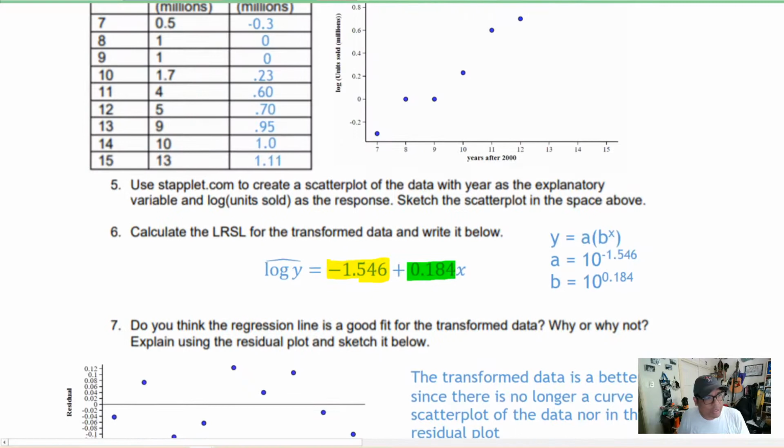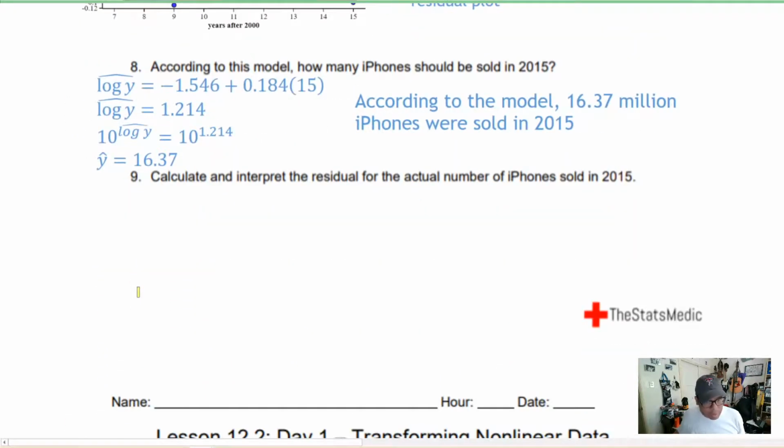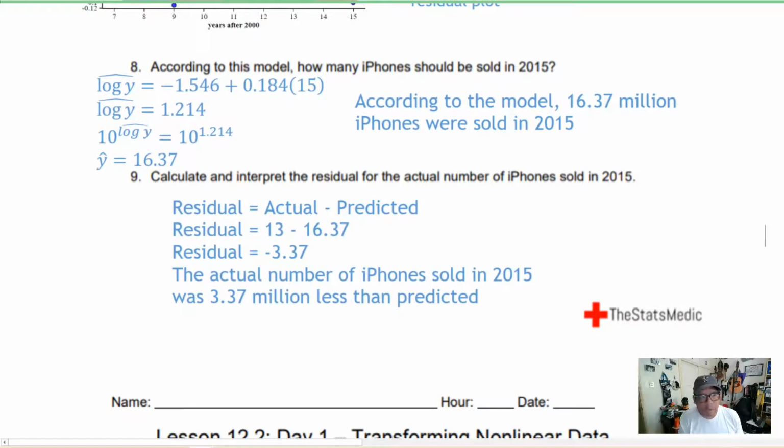So we're going to peek up to the chart, and we're going to see that over here in 2015, 13 million iPhones were sold. So to calculate the residual, we have to remember that the residual is the actual minus predicted, which, you know, the first letters there spell out wrap. So we got to wrap that, I guess.